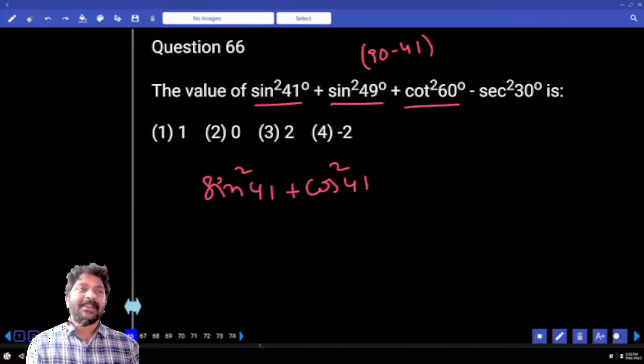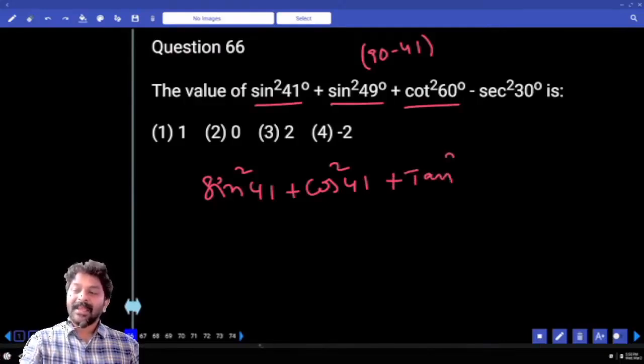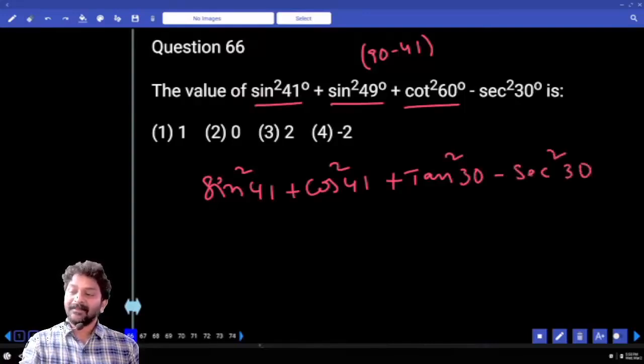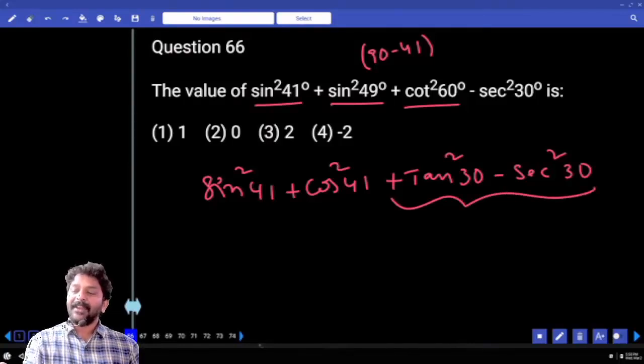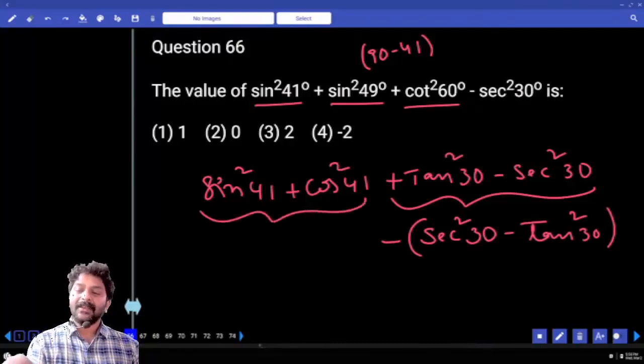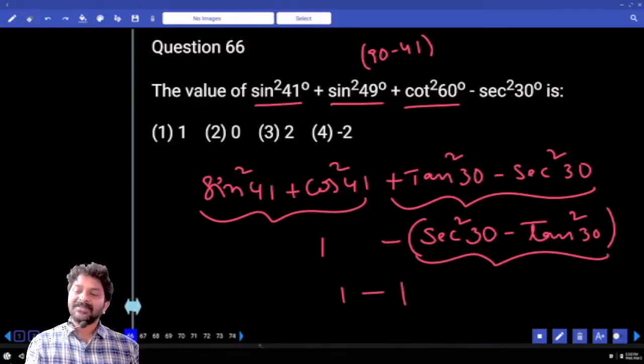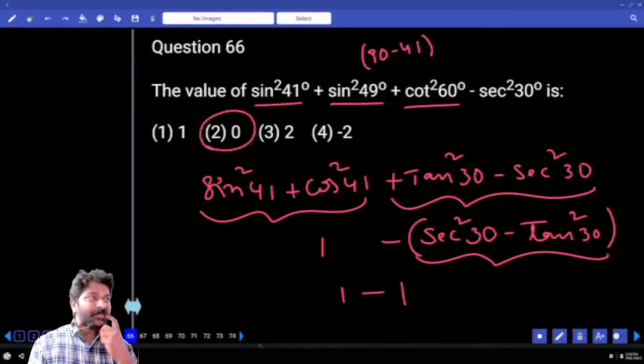This value can be written as tan square 30 degrees, plus tan square 30 minus secant square 30. From these two, if I take minus common, it becomes secant square 30 minus tan square 30. Correct? What is this value? 1. So 1 minus 1 is 0.